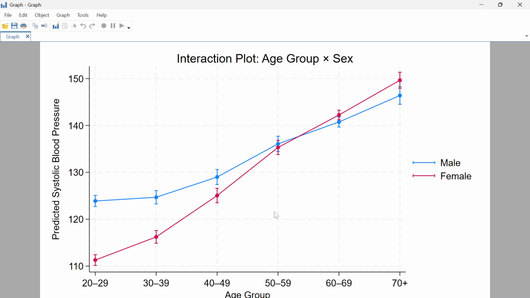This pattern is exactly the interaction we want to see. It's a textbook example of interaction, where there is a general pattern of systolic blood pressure increasing with age, irrespective of sex, but that increase is not the same for male and female. So we have seen some different patterns for male and female.